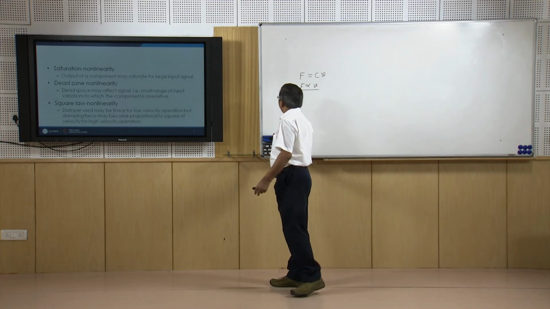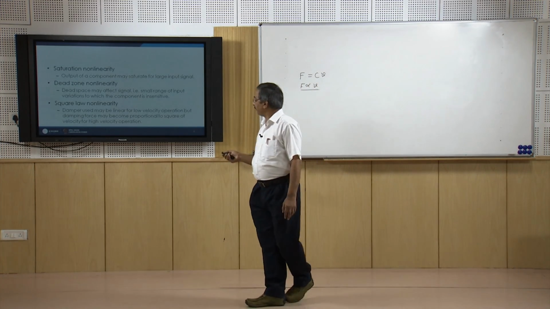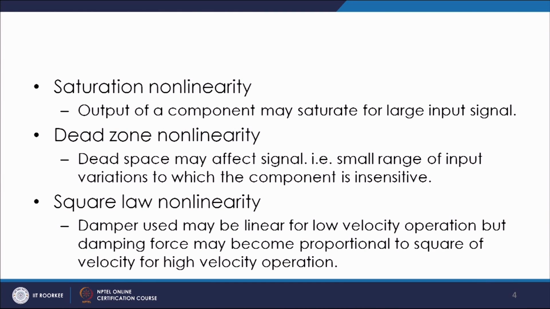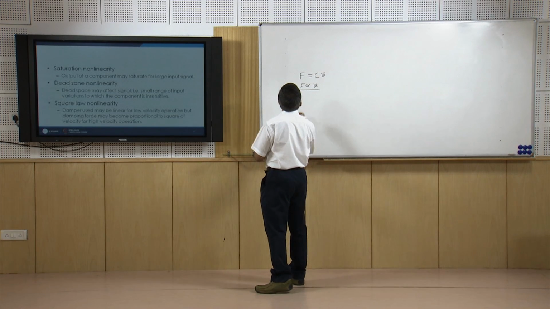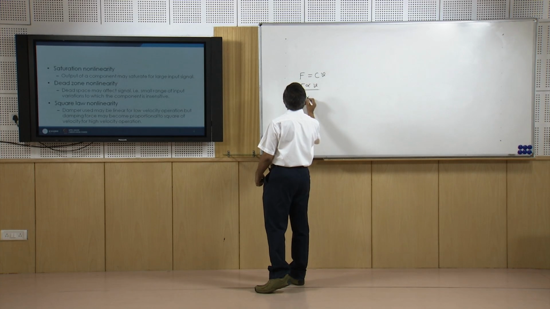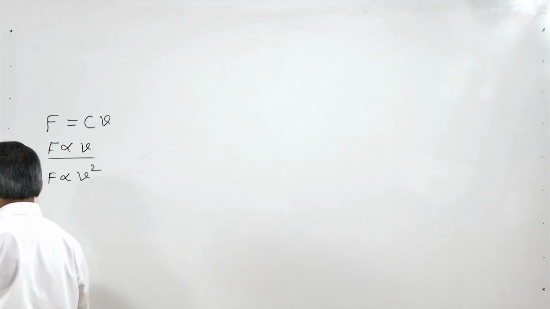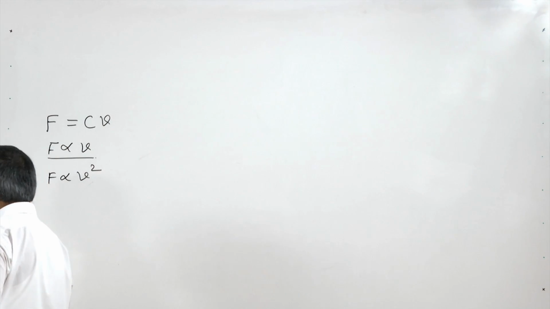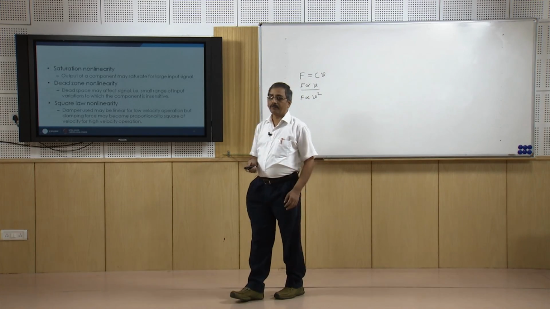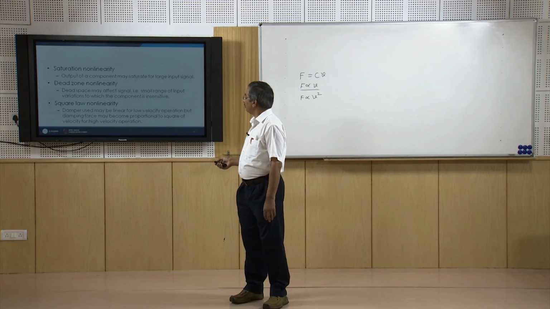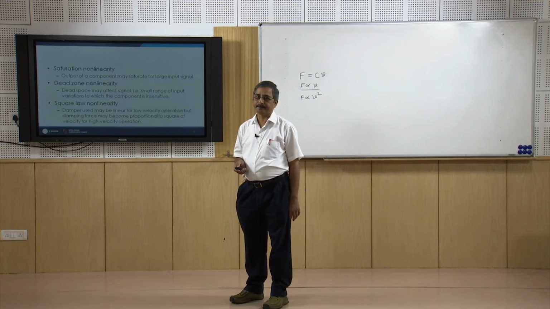But the damping force may become proportional to the square of velocity for high velocity operation, so F is proportional to V squared, and this type we call square non-linearity.